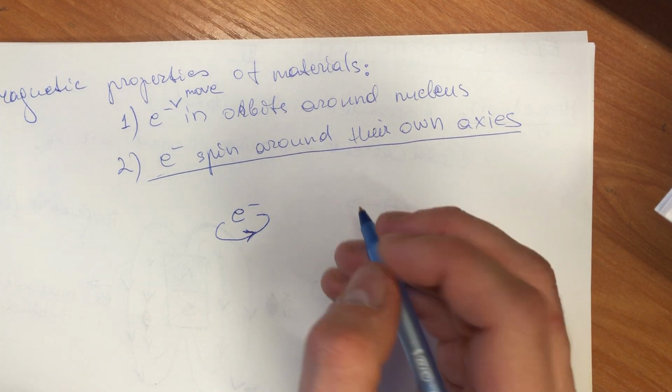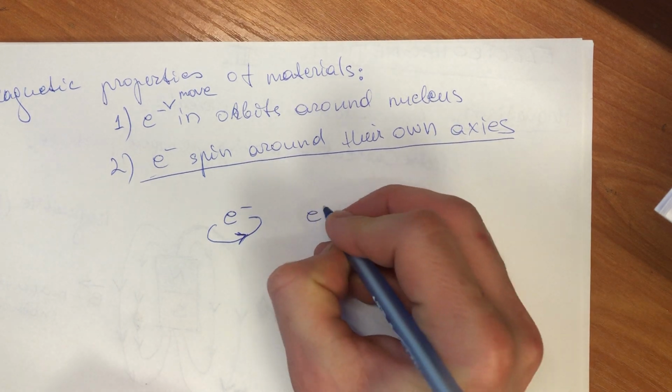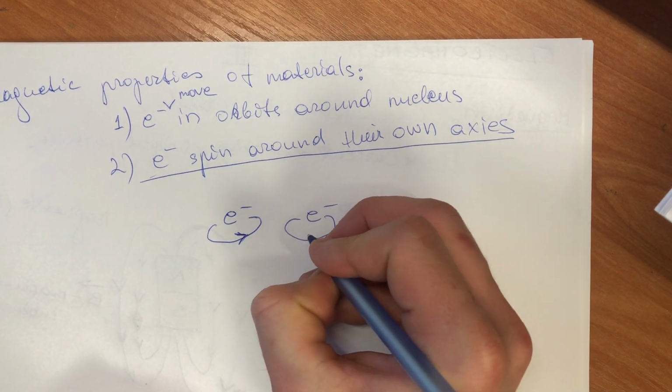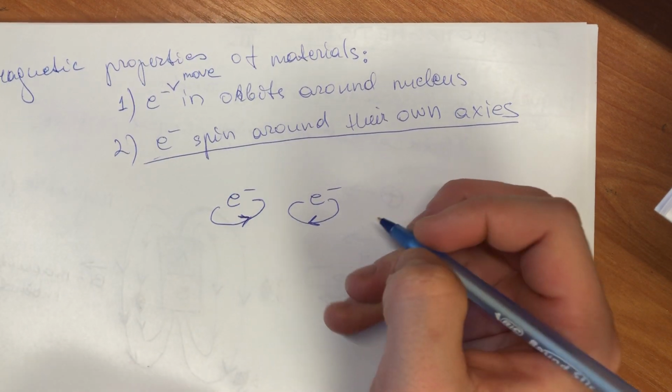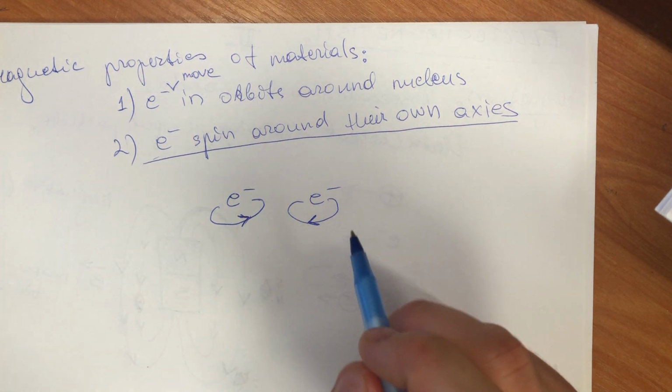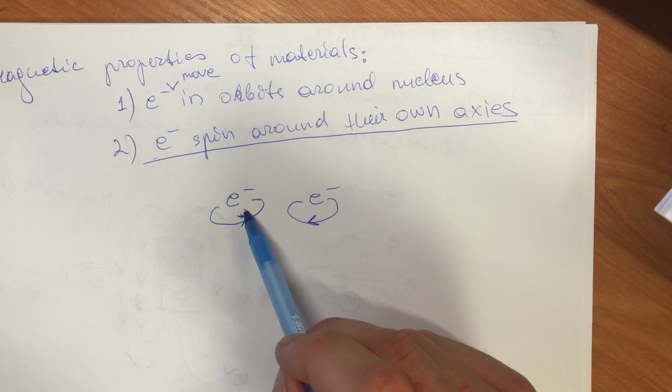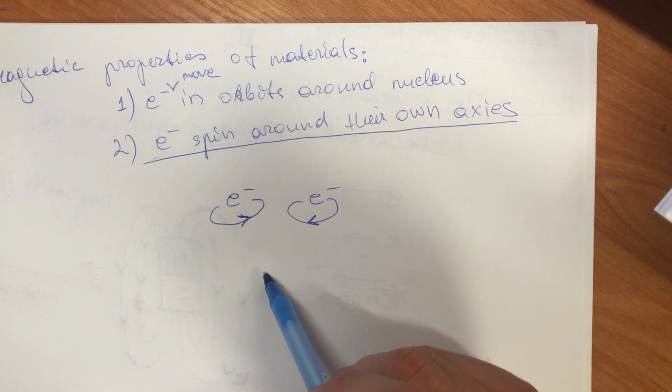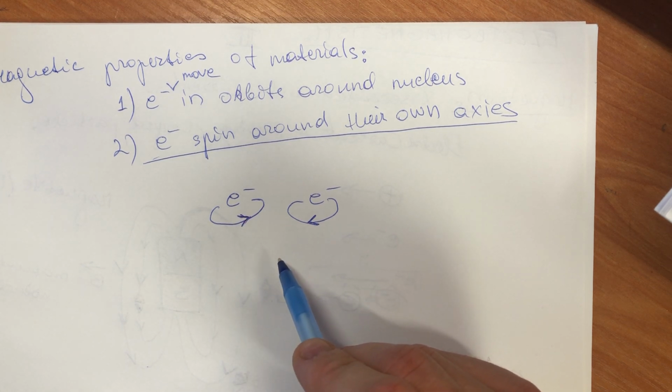If there are two electrons, one spinning in one direction and another spinning in a different direction, their magnetic properties cancel out. So if there are unbalanced spinning electrons in some direction, the material has magnetic properties.